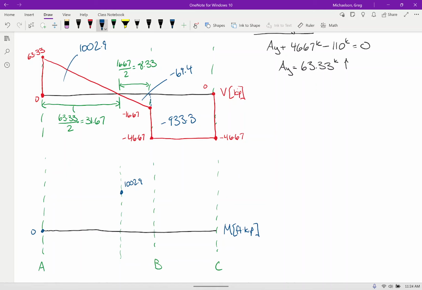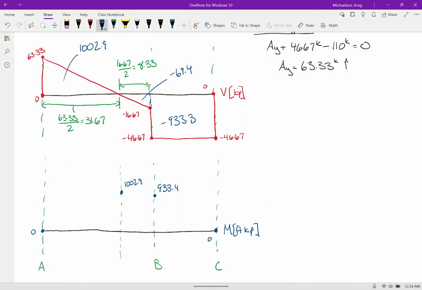Then we're going to drop down to what? What's 1002.9 minus 69.4? Should be this, or close to it. 933.4. So it'll basically be around 933.3 or 933.4, what have you. And then this is going to drop us back down to 0, right? Again, rounding. I'm not worried about it. Okay?